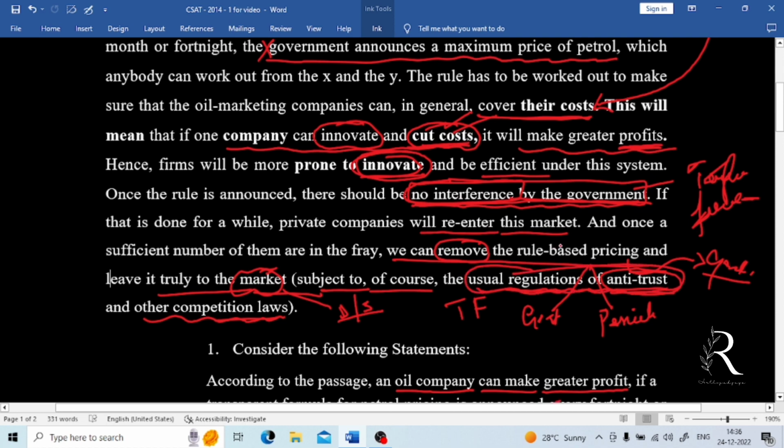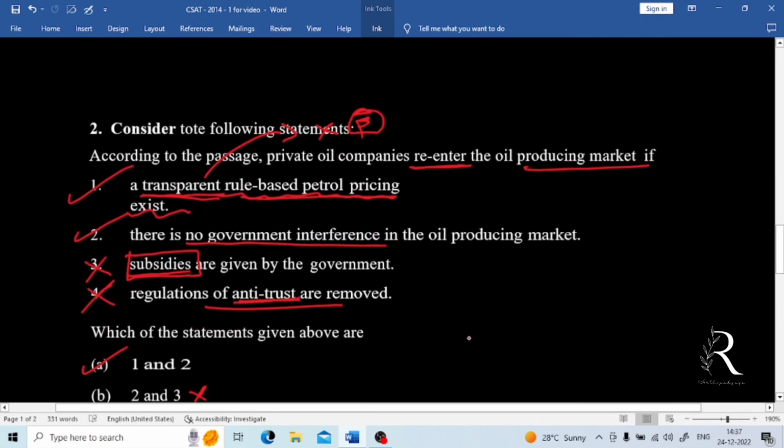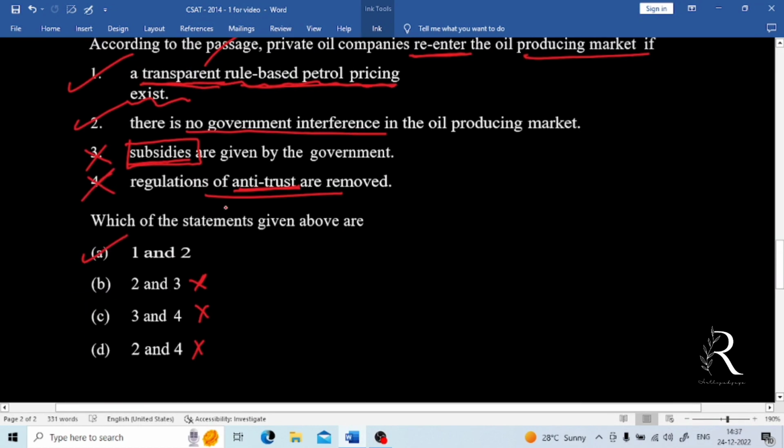It is asking for regulation, not to remove it, but the statement says the opposite. So the fourth is wrong. The question demands the correct statements, so only 1 and 2, option A, is absolutely the correct answer.